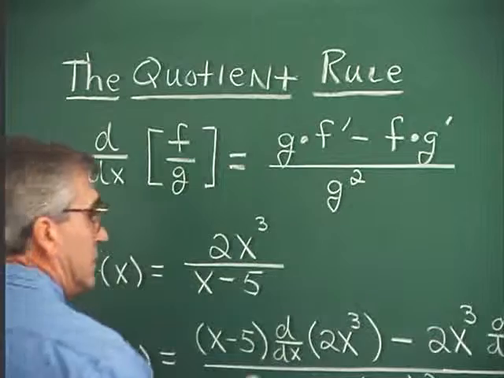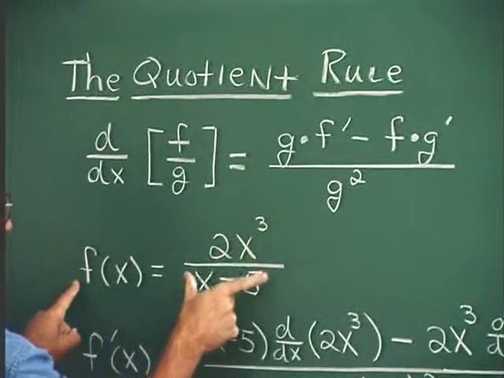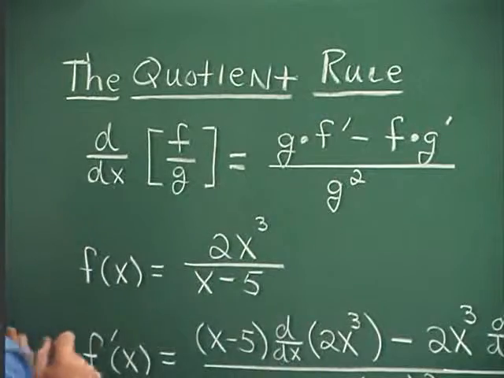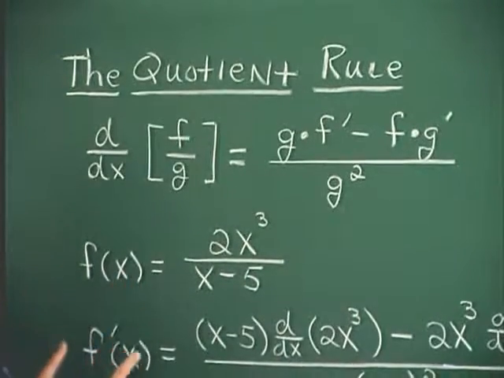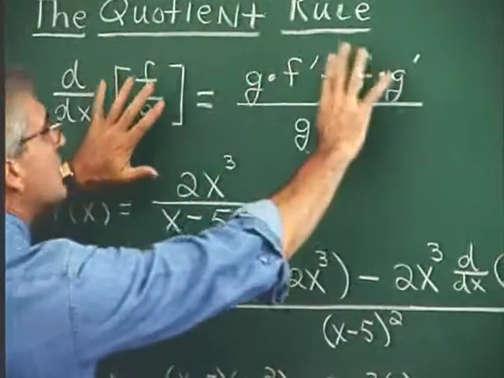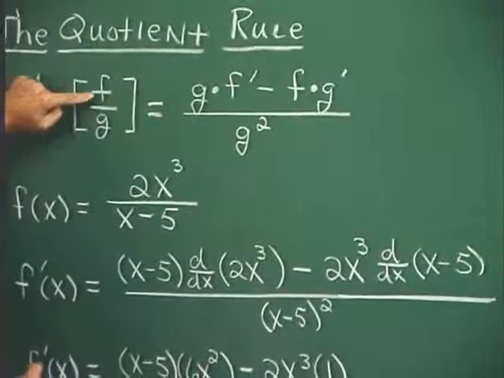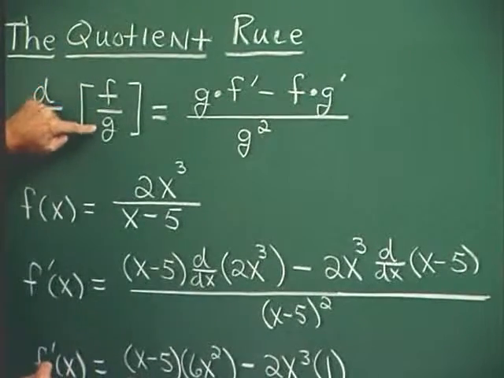So if we have this as our function with a numerator and denominator, then the derivative of our function is found by going through this process. F is the numerator, G the denominator.